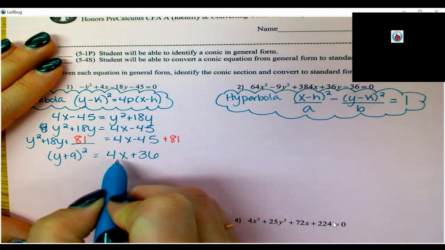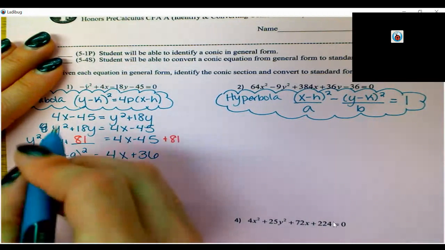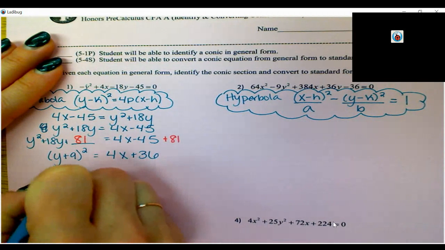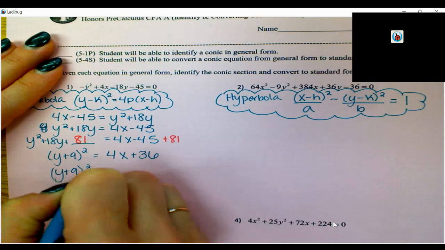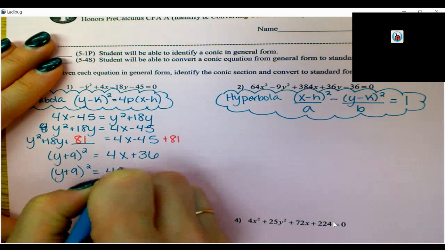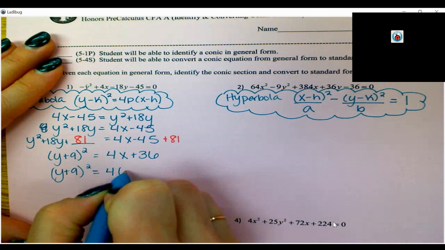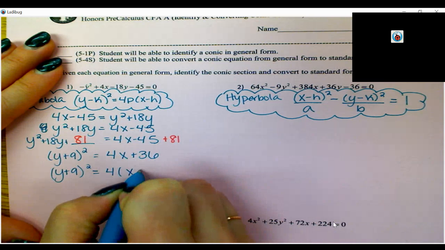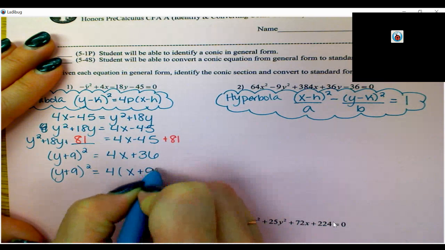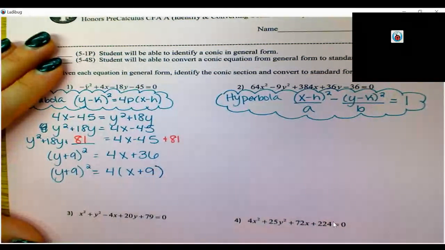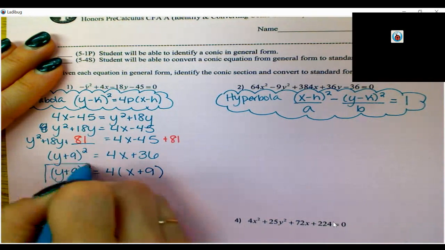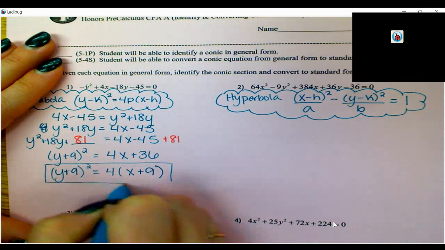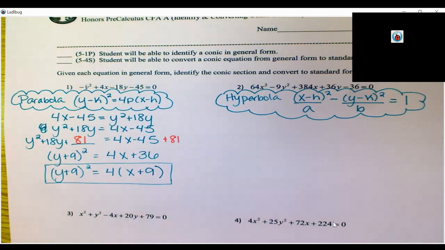And right now we've got a 4 in front. So that means we have to factor this 4 out. So when I do that, I get y plus 9 squared here equals 4. Divide both of these by 4. That leaves me with x plus 9. And this right here is my parabola in standard form.